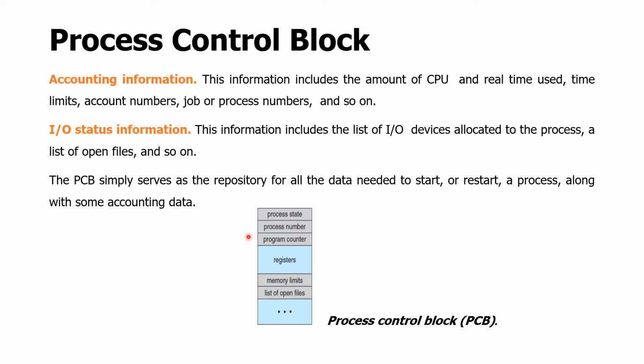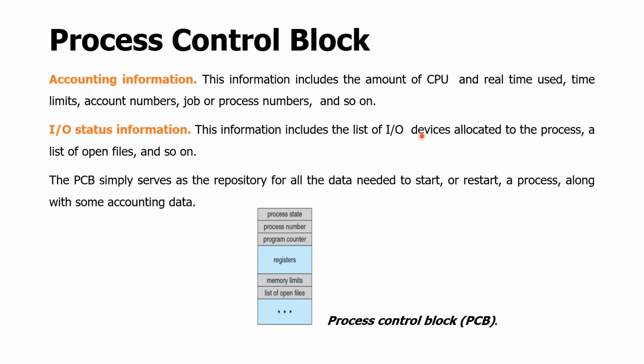Other than that, it also has accounting information. What is meant by accounting information? The amount of CPU and real time used by the process, how long it has been executed, and the process number. The PCB holds that kind of accounting information. The next one is IO status information.